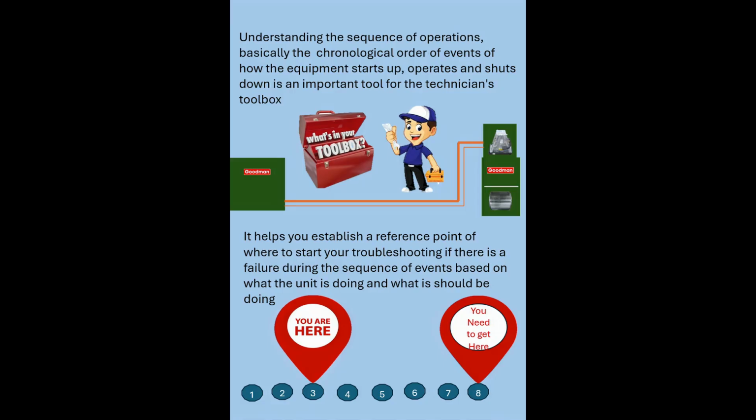And we see here in this little graphic that we have 8 events that have to take place to get to where we need it to be running, operating. And we're stuck on number 3. So we have to ask ourselves, why am I stuck on number 3?